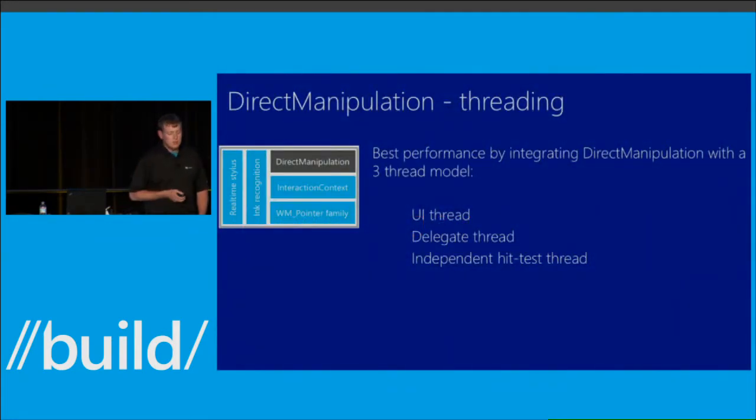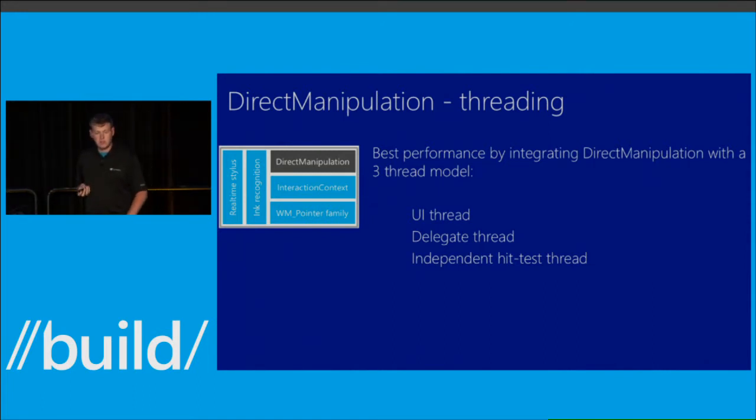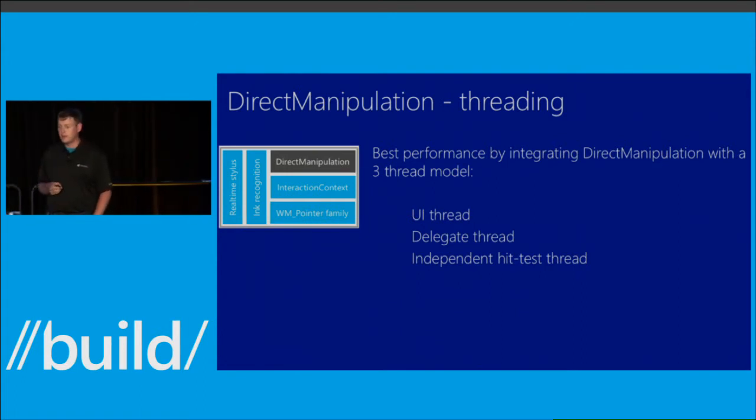Before we move on to the pen, I want to make one more point, which is as we've been wiring up direct manipulation into our own UI frameworks, we found that our UI thread can sometimes be busy enough that the initial start to a pan or a zoom feels slow and sluggish. The way we've addressed that is we've added a feature that allows you to do hit testing from another thread. That's going to move us to a 3-threaded model.